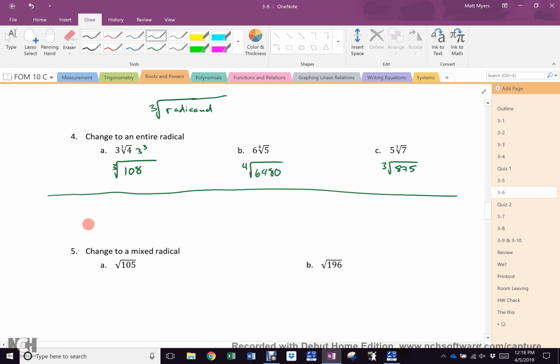The first one is this. I want the square root of 18x cubed y to the 5th. You do know how to do it. Make this look like a mixed radical.